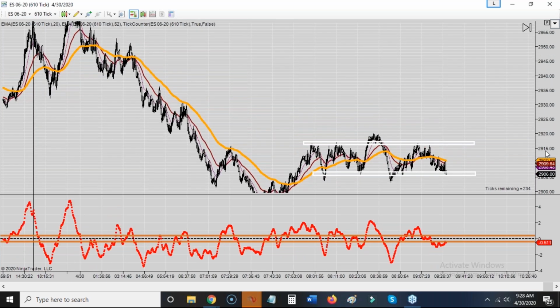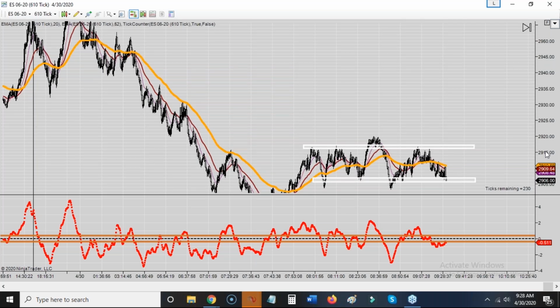However, if it does finally break through, or if not, I am going to be sitting stuck here, right? Let me push my thingies down a little bit.